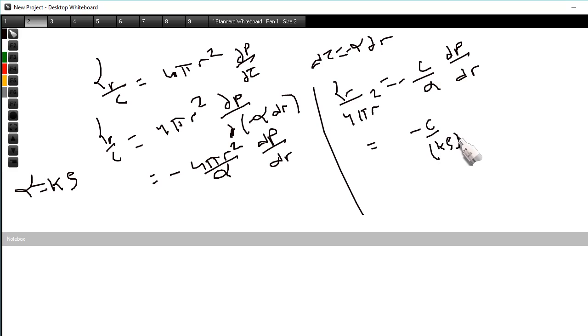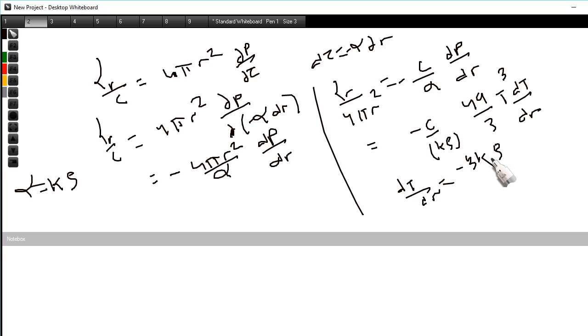Okay, अल्फा को ठाउँमा मैले त्यो सब्स्टिट्युट गरेँ, dp को ठाउँमा 4 by a3 t cube dt by dr. Now dt by dr is equal to minus 3k rho 4ac. This is all r.